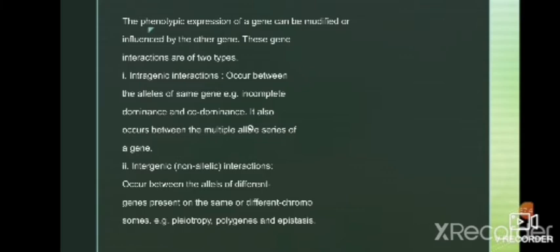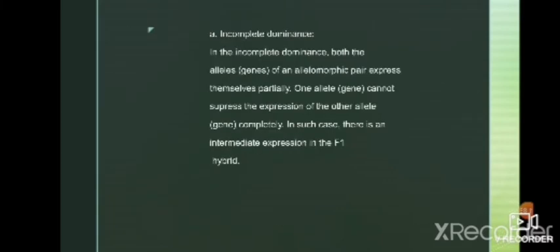They also occur between the multiple allele series of a gene. Second, intergenic interactions occur between the alleles of different genes present on the same or different chromosomes, for example pleiotropy, polygenes, and epistasis.